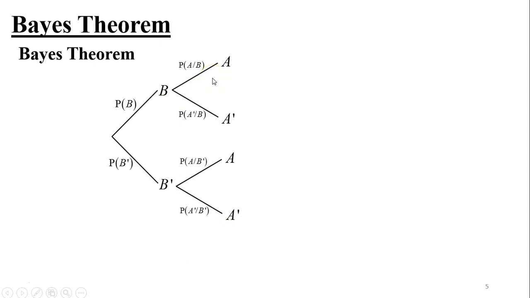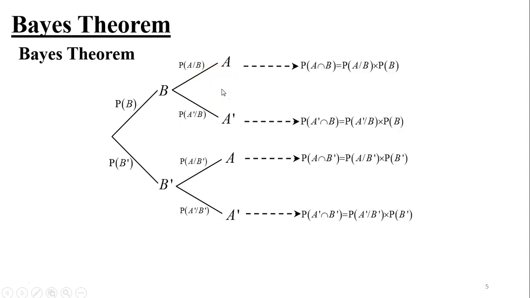So having this tree diagram, you'd know that to find the probabilities of the intersections, we just multiply the probability of B with the conditional probabilities, in addition to P of B prime with the conditional probabilities, to find the probabilities of these intersections.